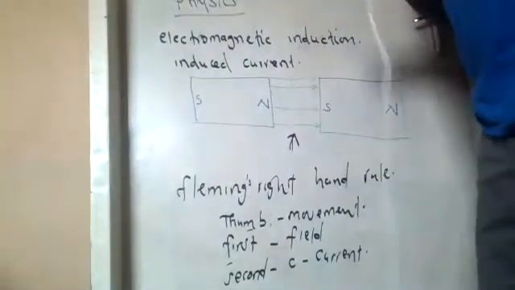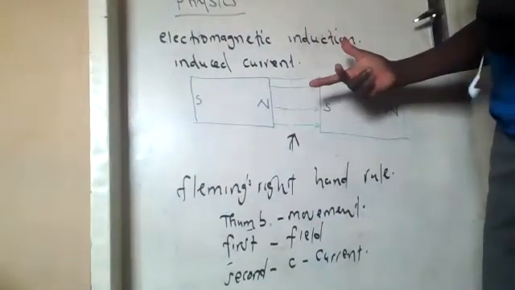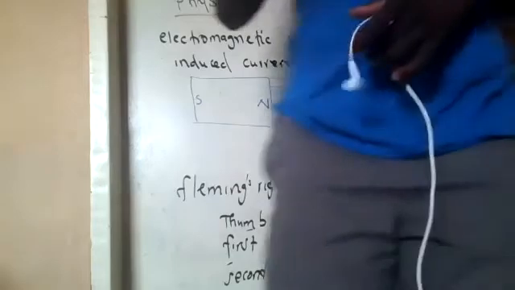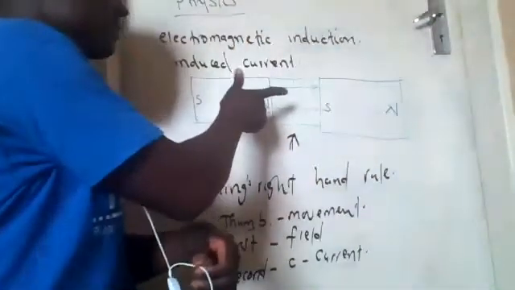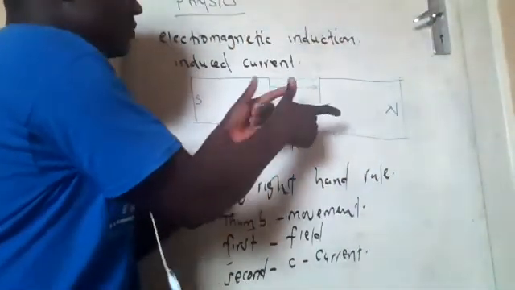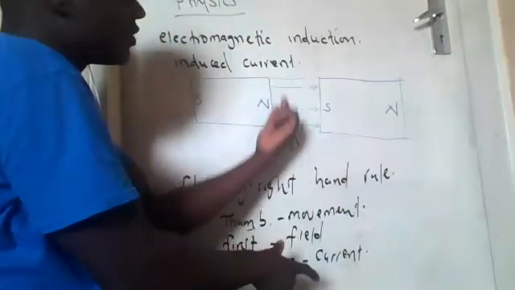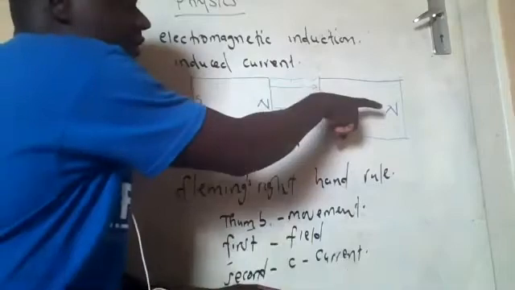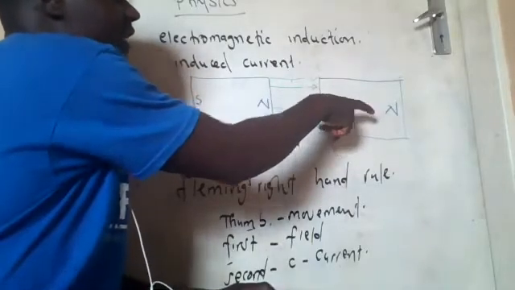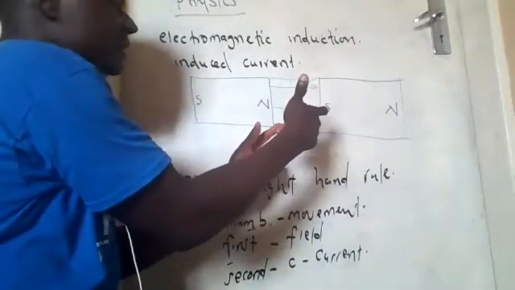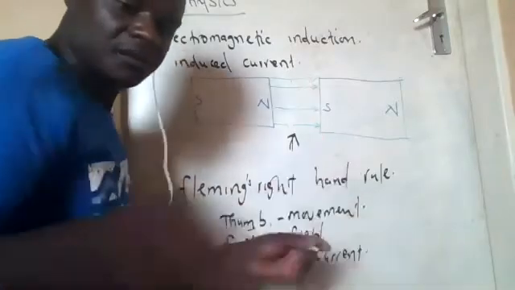We are going to demonstrate that the thumb is pointing the direction where the wire is going. Then the first finger shows the direction of the field, and the second finger the direction of current.